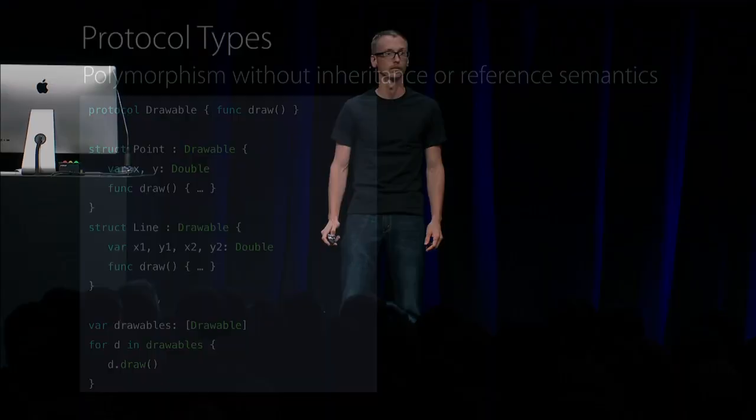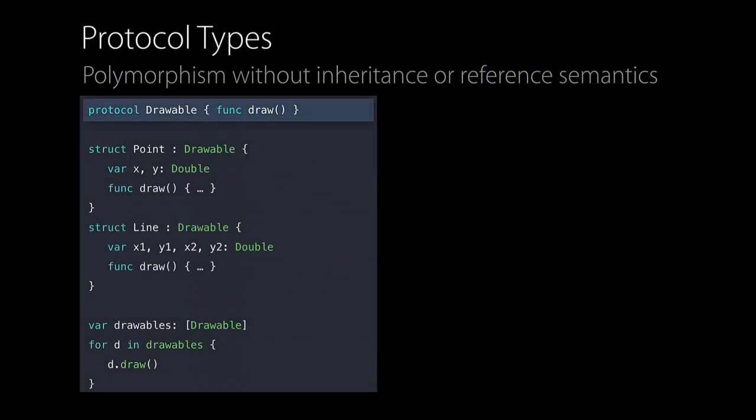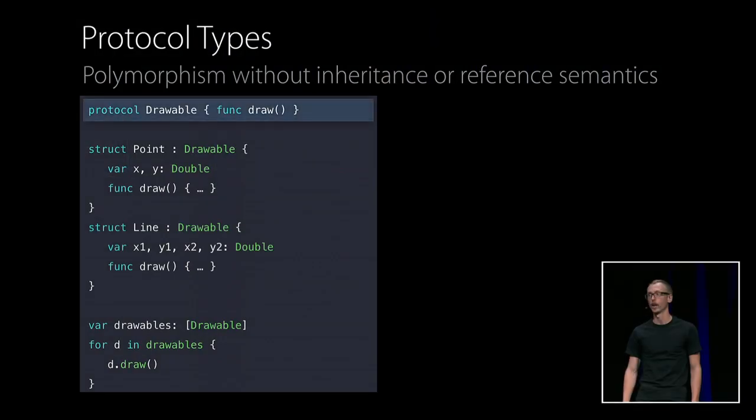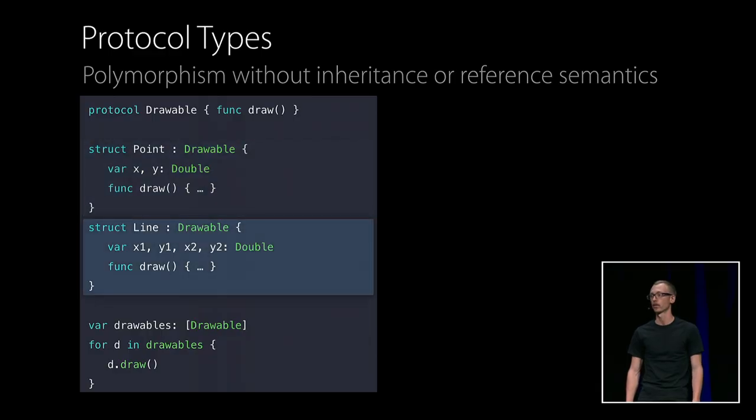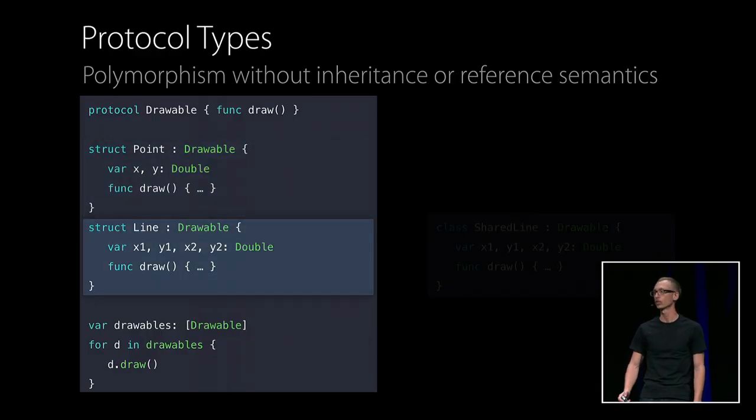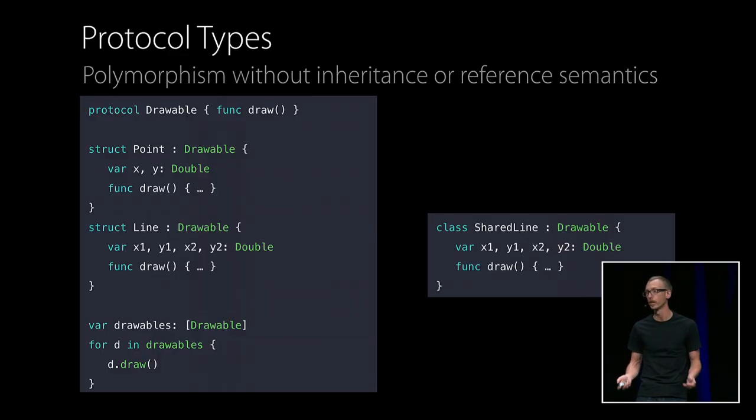Let's come back to our application, this time implemented using protocol types. Instead of a drawable abstract base class, we now have a protocol Drawable that declares the draw method. And we have value types struct Point and struct Line conform to the protocol. Note we could have also had a class SharedLine conform to the protocol.